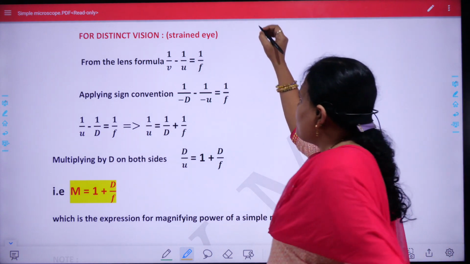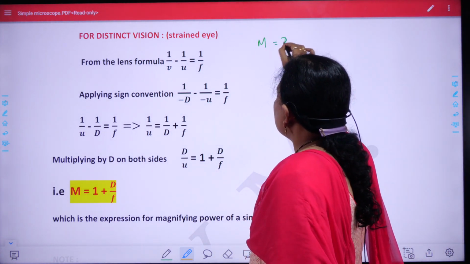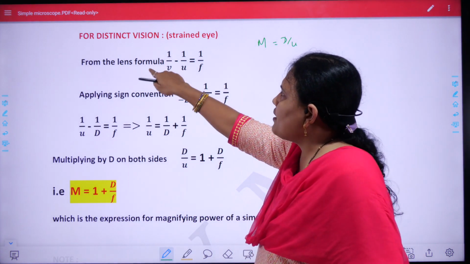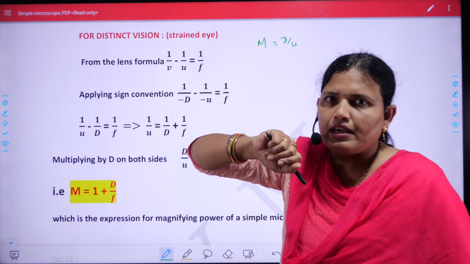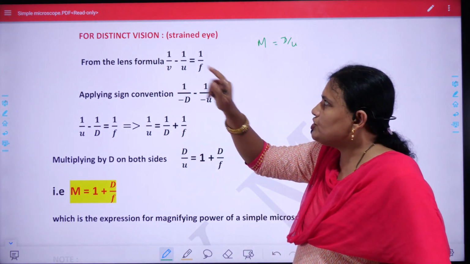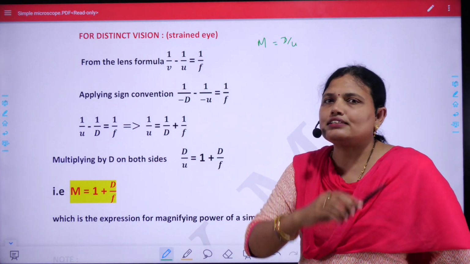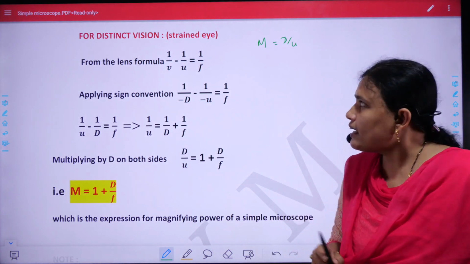So we got the magnifying power m equal to d by u. By taking this formula, let us find out what will be the magnifying power for the distinct vision. What do you mean by distinct vision? The image is at the least distance of distinct vision, because we want the maximum magnification.